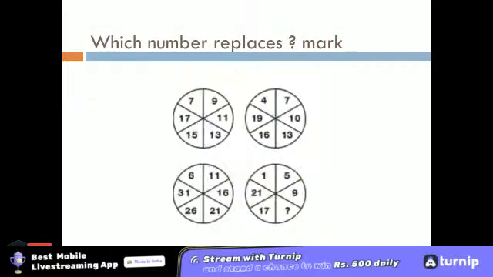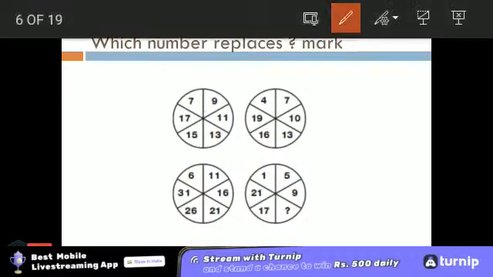The next one. Now, just think about it carefully. You can see there are 4 circles and each circle is showing a pattern. Now you need to look at the pattern and tell the question mark, and the question mark is in the 4th circle.